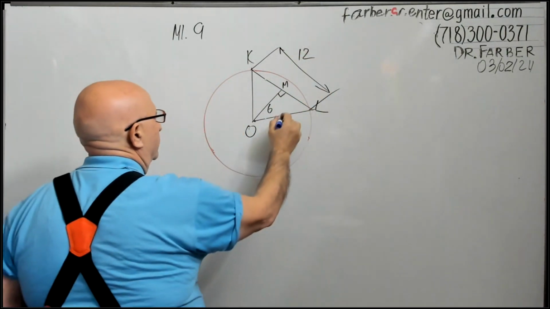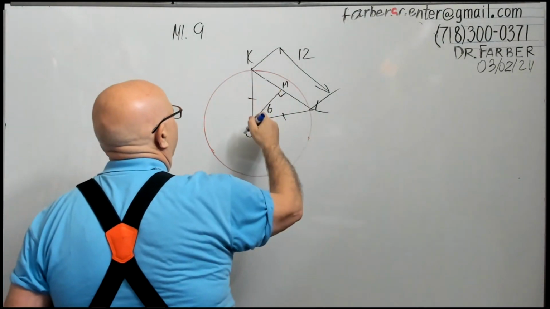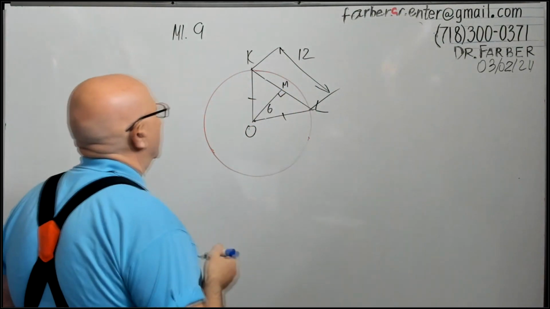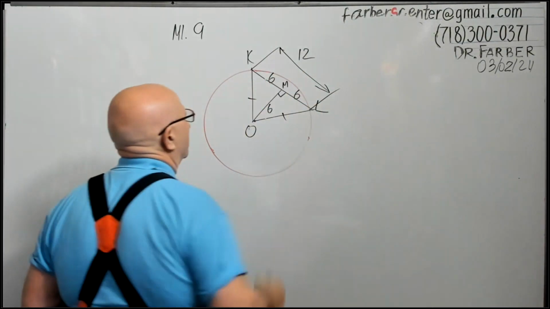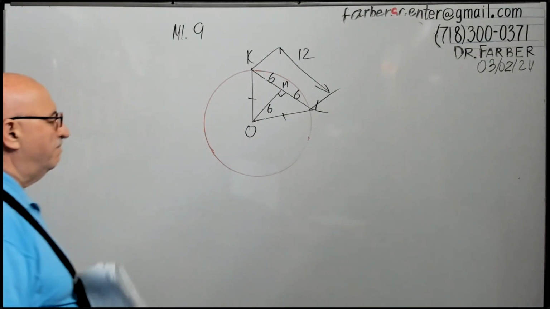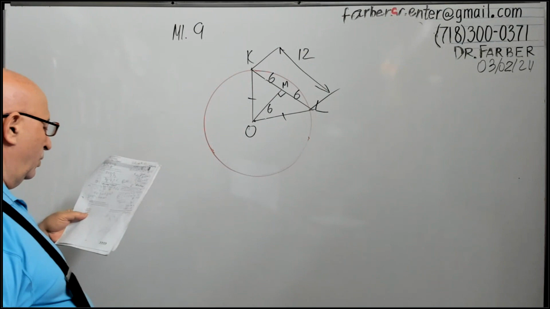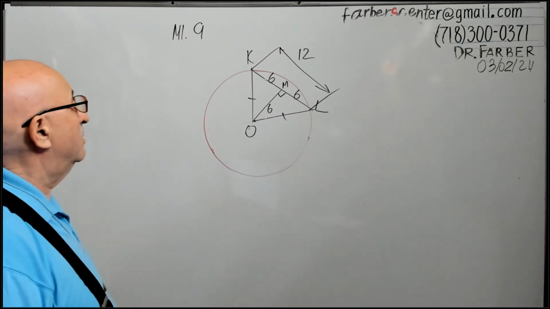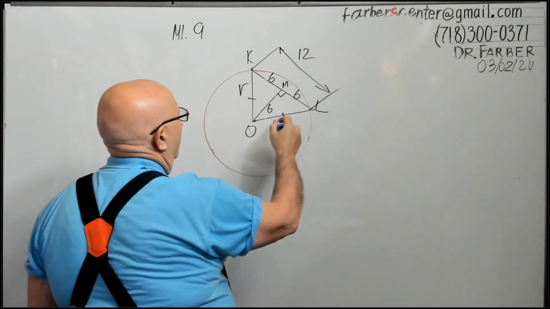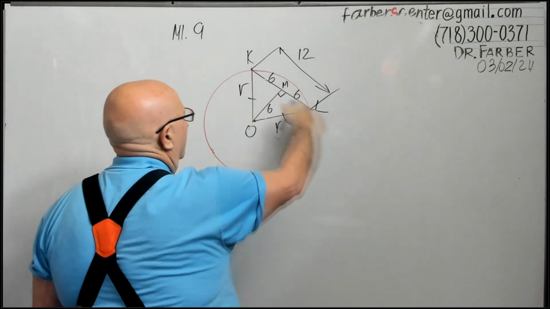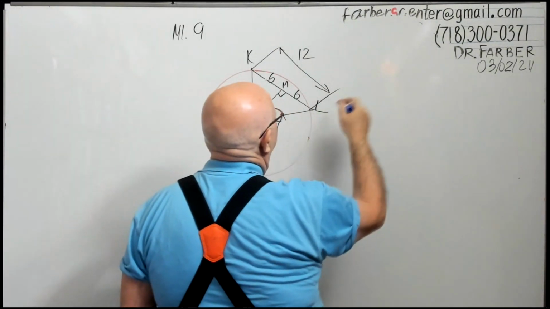Since this is an isosceles triangle, both sides are the same, and the perpendicular altitude is a median. So this is 6 and this is 6. So far so good. And they ask you what is the area of the circle. Well, this is the radius, and you can apply Pythagorean from triangle OML.